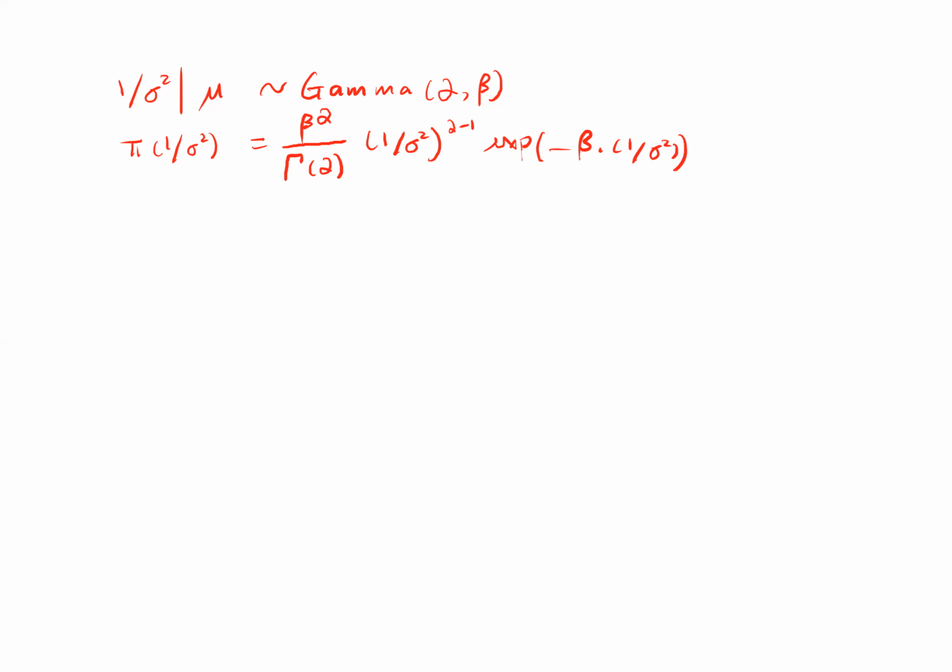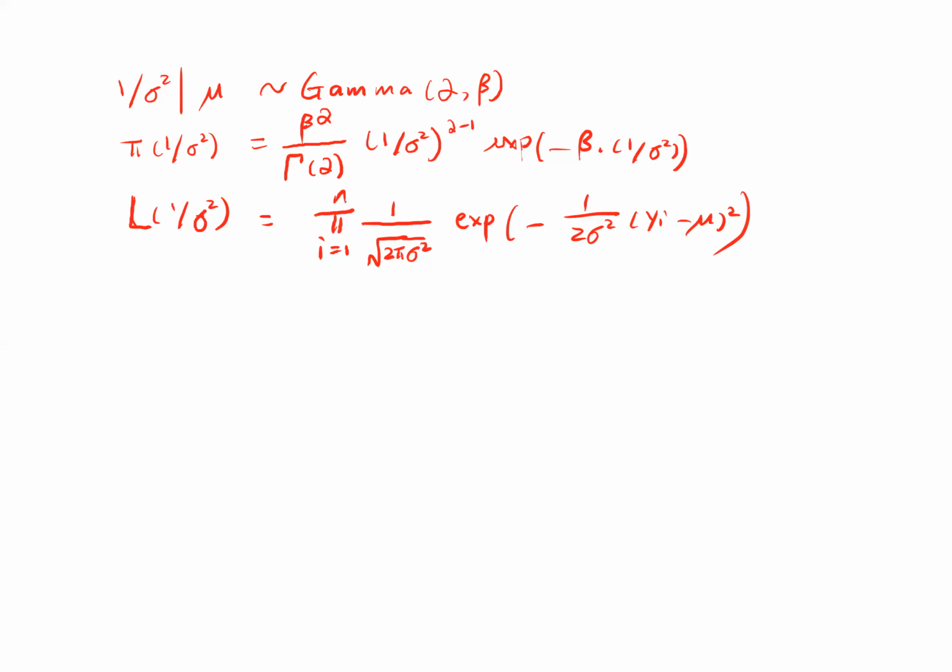The likelihood, we know it's IID normal, and now we're going to express the likelihood function in terms of 1 over sigma squared, because that's the only unknown here. You write capital L, the product of a bunch of IID normals: 1 over the square root of 2 pi, and then exp of negative 1 over 2 sigma squared times (yi minus mu) squared.